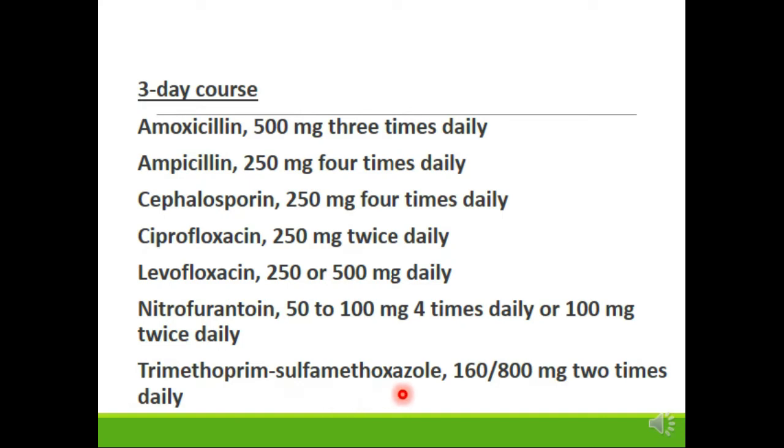This is known as the 3 day course of antimicrobials for treatment of asymptomatic bacteriuria. So the treatment is to use only one of these drugs, not all drugs in the regimen.